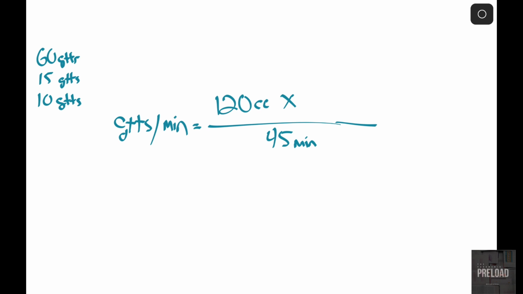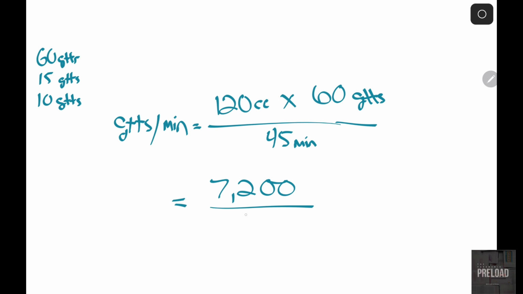So let's say they give us the 60 drop set and they're like, hey, out of this bag, 120 cc's needs to be given over the next 45 minutes. And we have a 60 drop set. So what we're going to do is we are going to do 120 times 60, and that is going to give us 7,200.